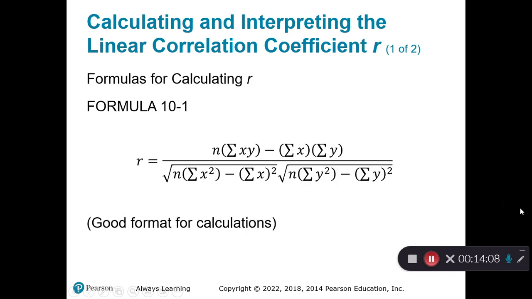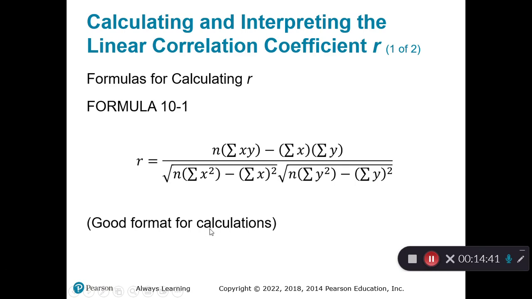Now here is that very, very lovely formula for calculating r manually. It is a lot of work, especially if you have a lot of data values in your sample. Maybe not super tedious if you had, say, 10 values, but in the real world, we rarely have sample sizes that small. We usually have many, many more values. So certainly not a formula that we want to use often, because there are lots of places that we can make a computational error.